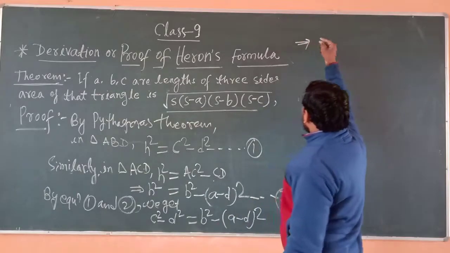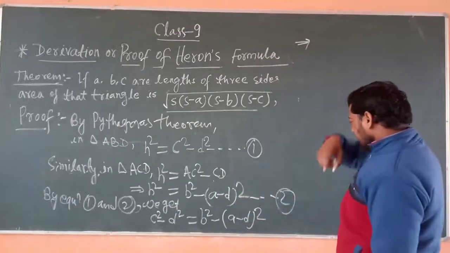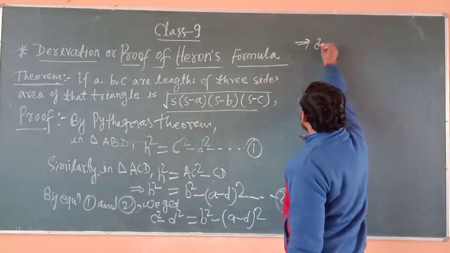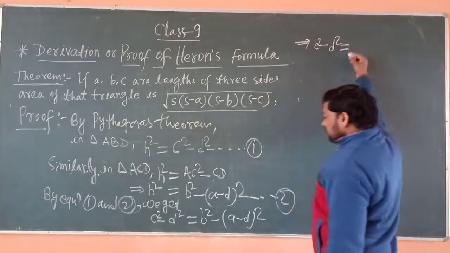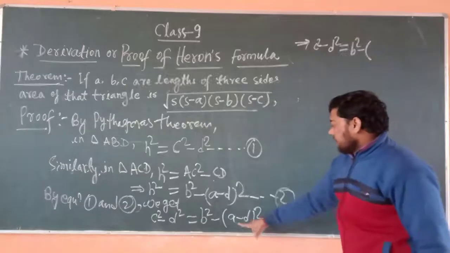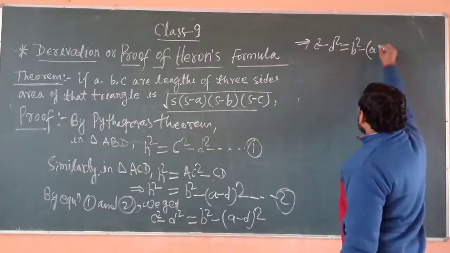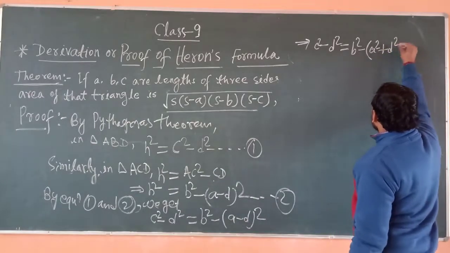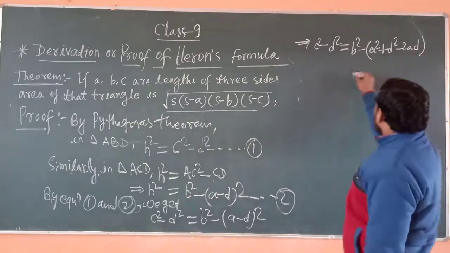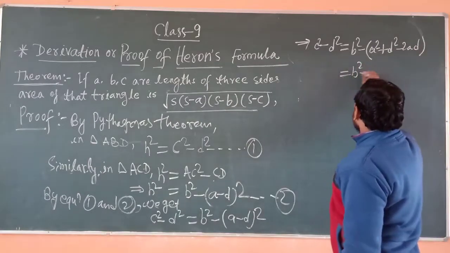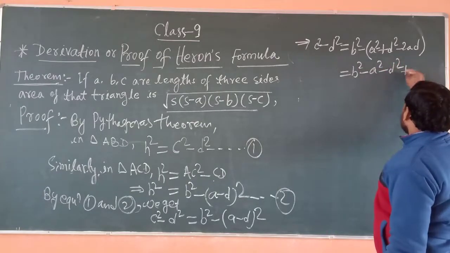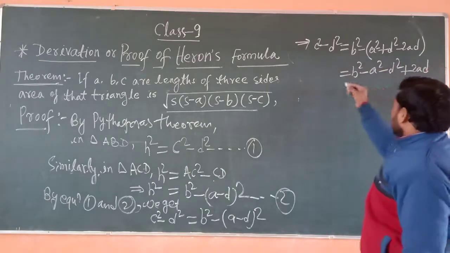Which implies that C square minus D square is equal to B square minus A square plus D square minus 2AD.